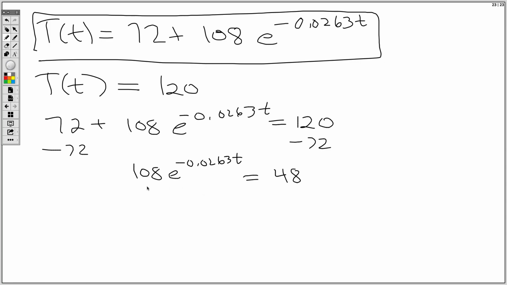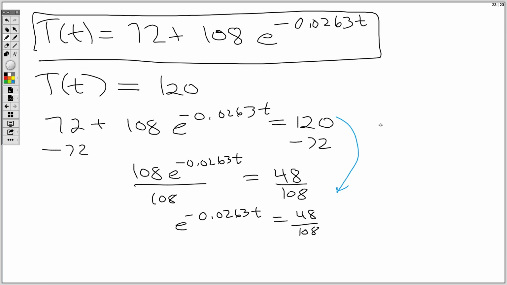Divide both sides by the 108. e to the minus 0.0263t is 48 over 108. So once again, we've isolated the exponential, and we're going to take logs of both sides.